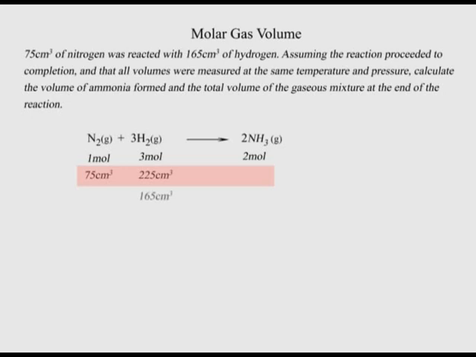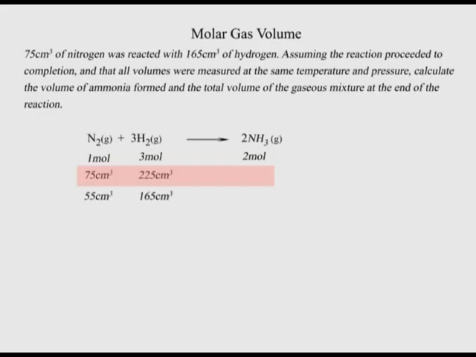If all the 165 cubic centimeters of hydrogen reacted, we will require a third of that volume for nitrogen. That is a third of 165, which is 55 cubic centimeters. So the reacting volumes will be 55 cubic centimeters nitrogen and 165 cubic centimeters hydrogen.